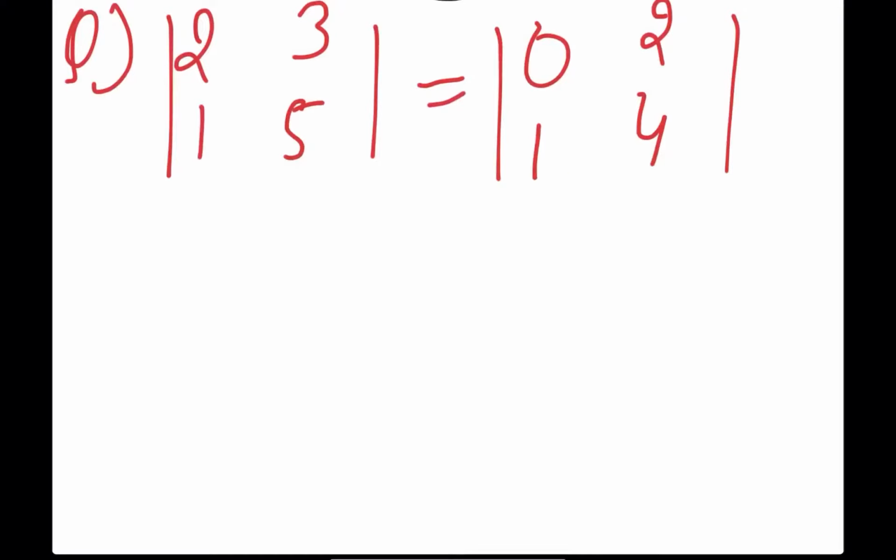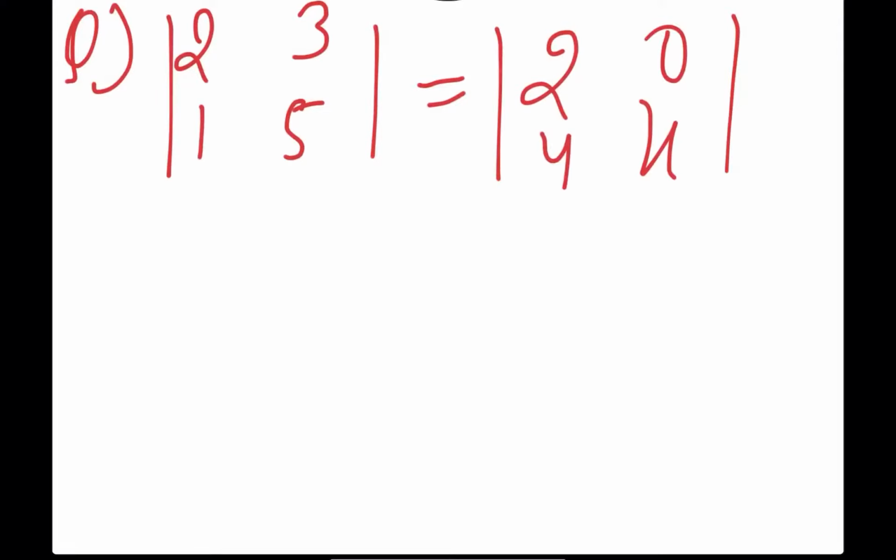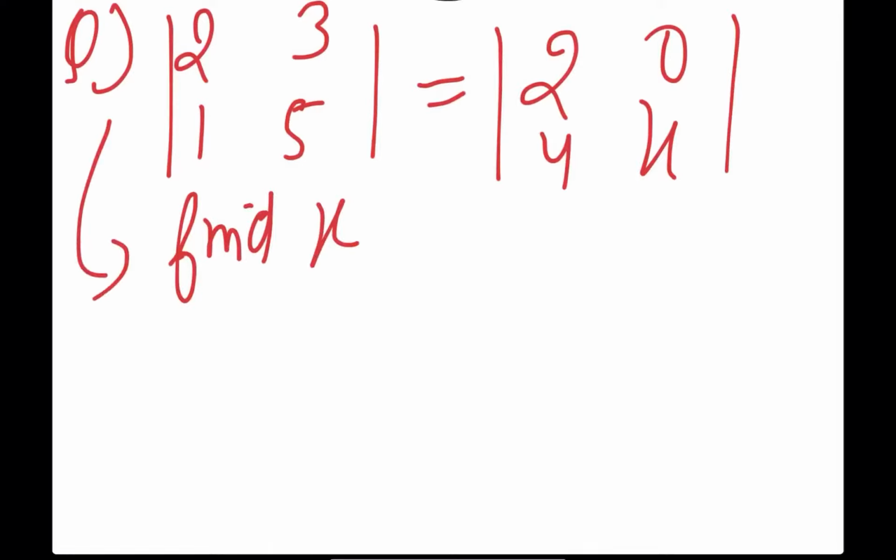I'm so sorry, I've written the question a bit wrong, so I'll just change it for you. Yeah, this is fine. So I've been given these two determinants. This is a question from your extra book, and I have to evaluate the value of x. Find x is my question. Okay, so two determinants are equal.